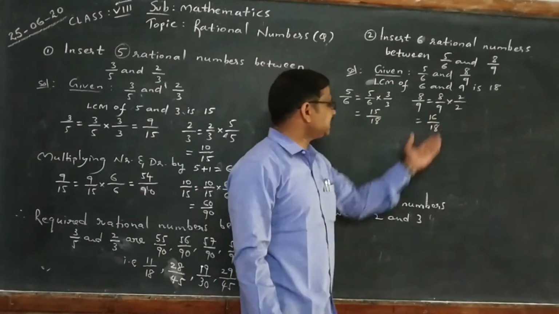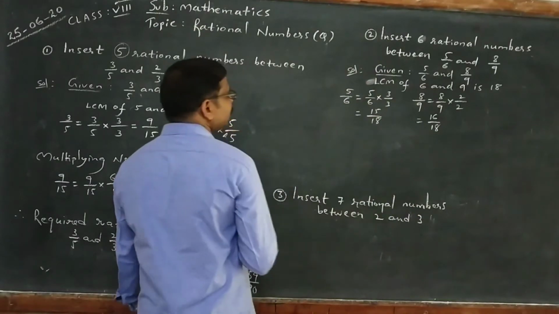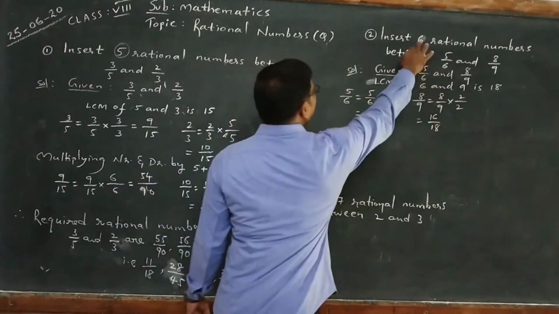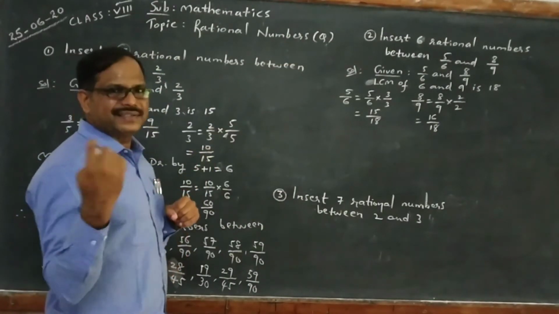But between 15 by 18 and 16 by 18 there is no rational number. So I have to multiply numerator and denominator by 6 plus 1, because we have to insert 6 rational numbers.